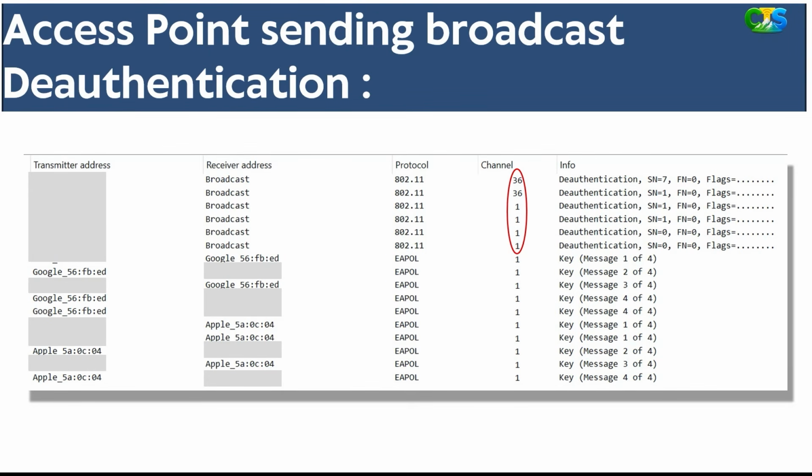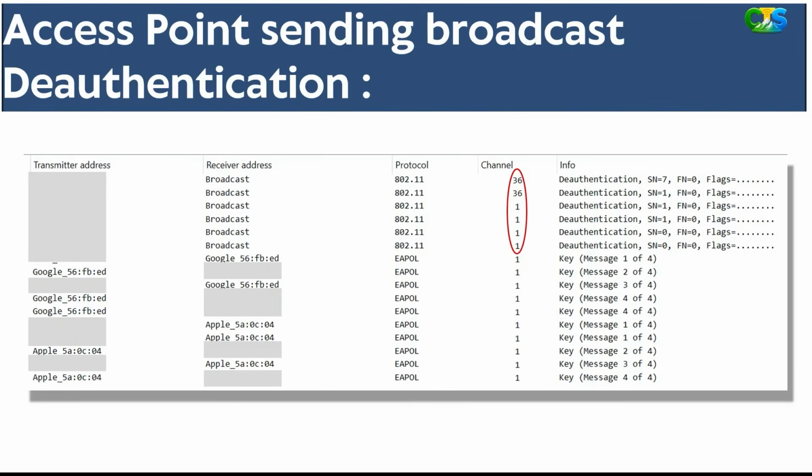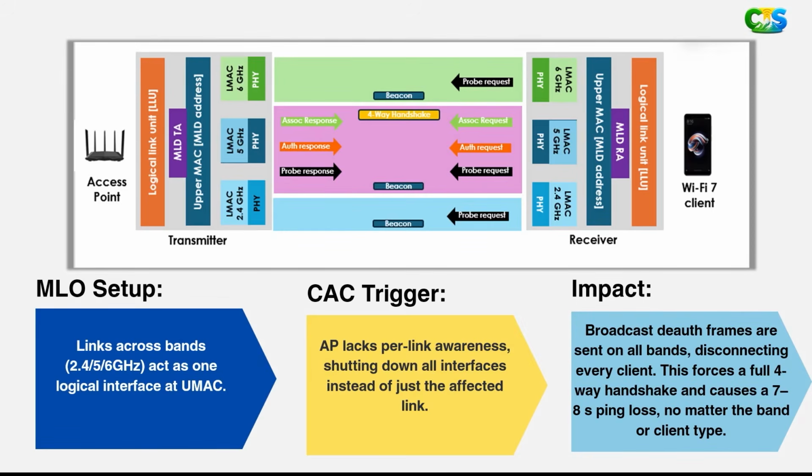So it was not only disconnecting the MLD station or the non-MLD station connected on the 5 gigahertz band. It was disconnecting all the clients associated on the AP, no matter the band. When we dug further into this, we observed the reason lies in the architecture and implementation of MLO in the vendor's AP we were testing.